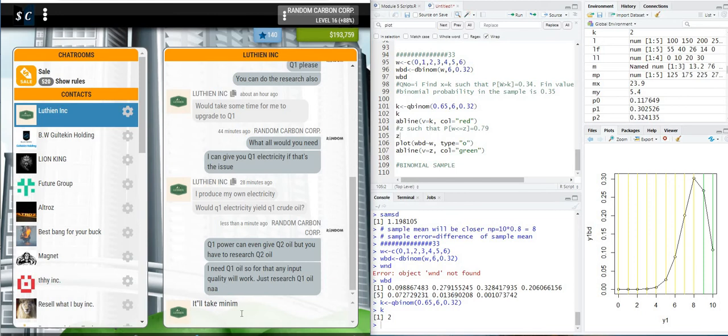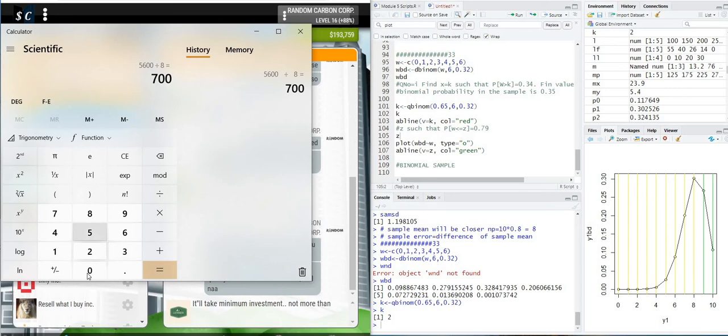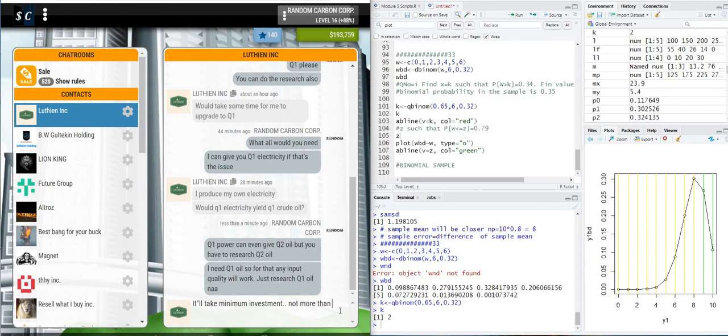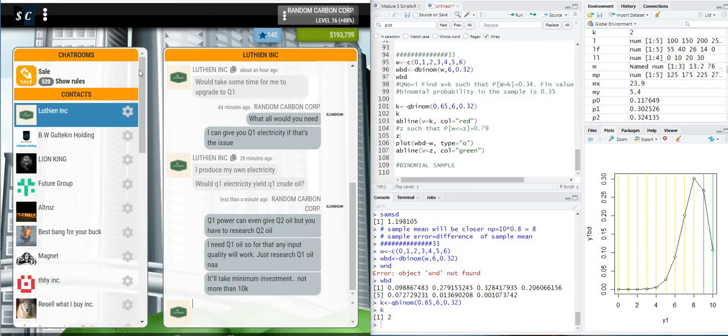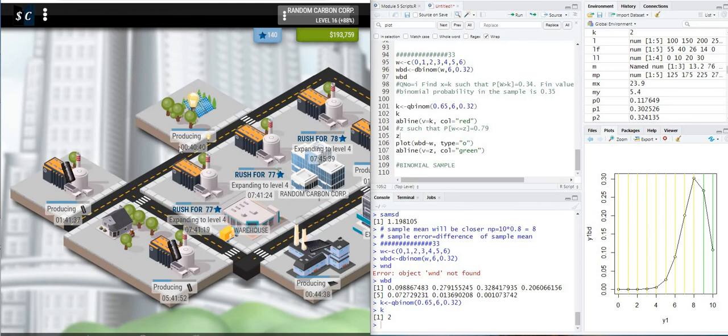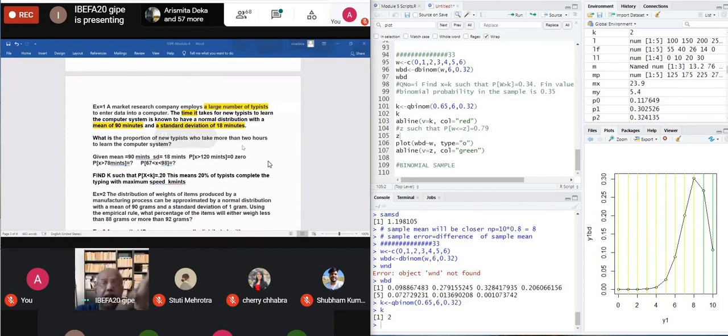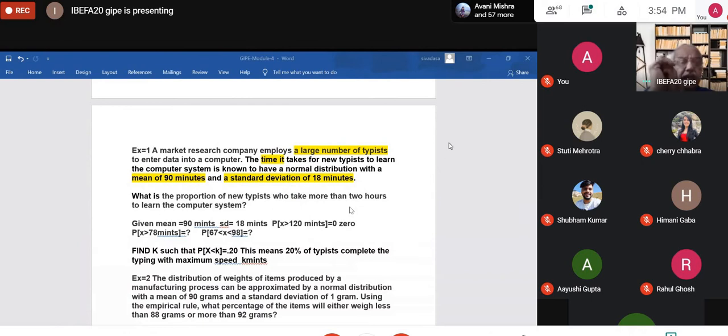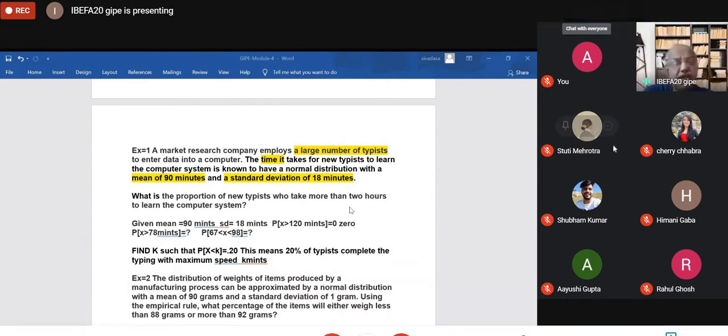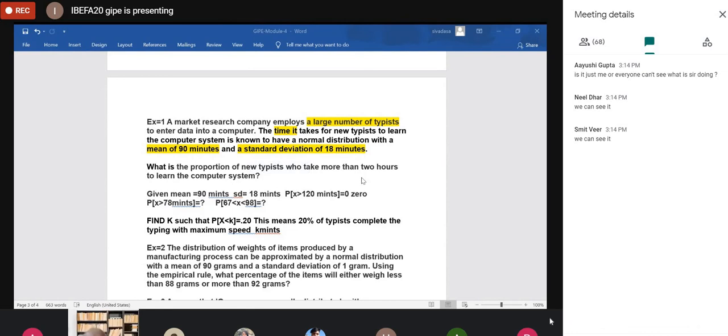Let us do question number 1. A market research company employs a large number of typists to enter data into a computer. A large number of typists means say 500, 1000, 300, whichever it may be. It is observed that the average typing speed is 90 minutes with a standard deviation of 18 minutes.